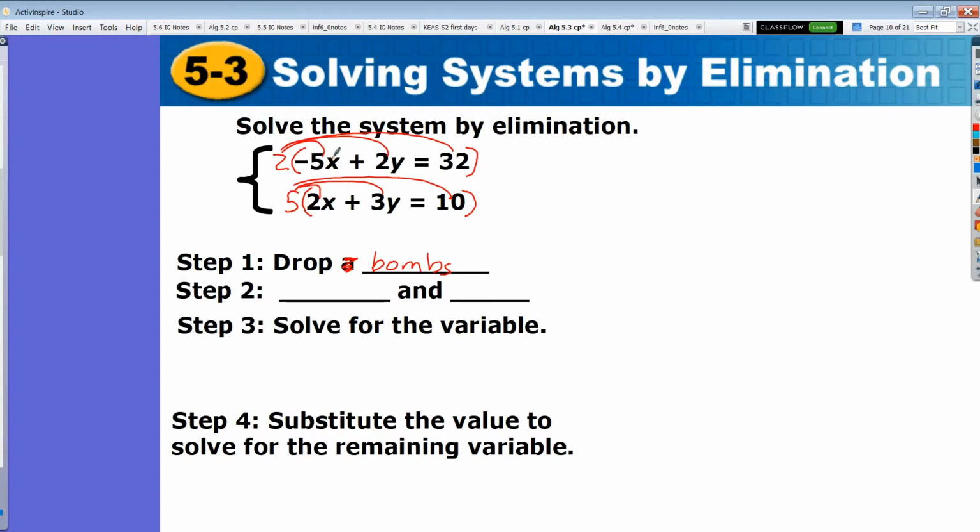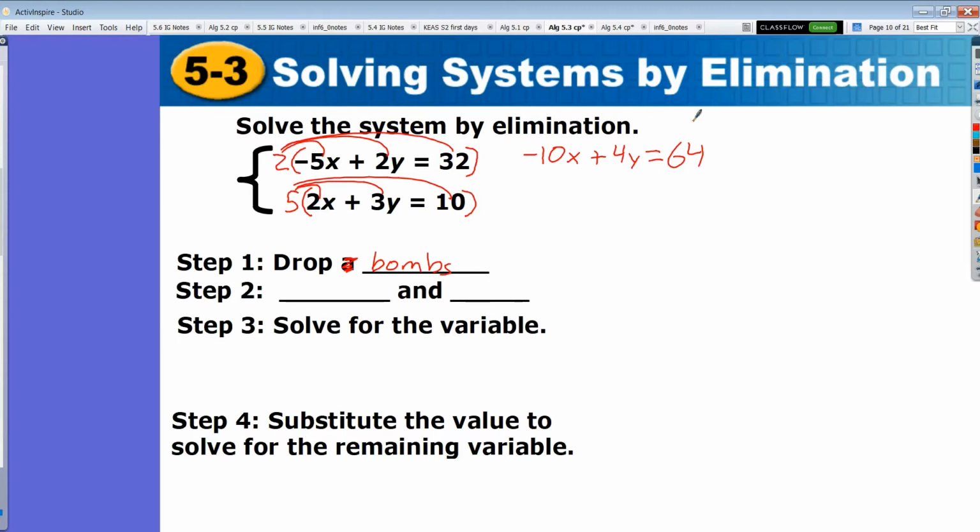Okay, so I'm going to go 2 times -5 is going to give me -10x plus 4y equals, and then 2 times 32 will give me 64. All right, so that's what my top equation is going to look like.